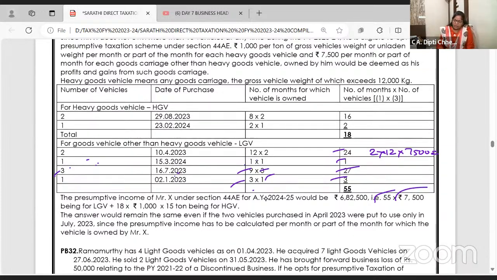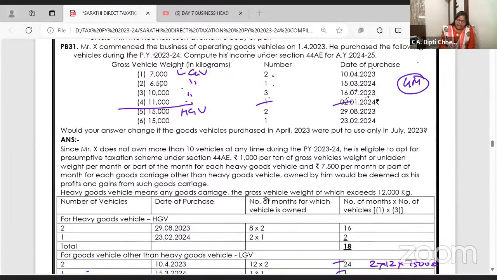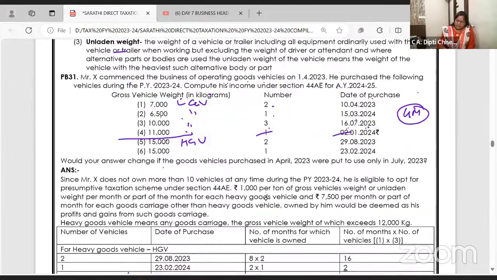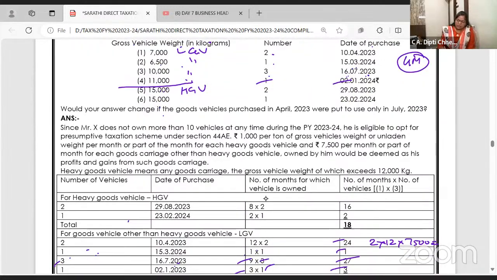Okay. Now, heavy goods vehicle. Heavy goods vehicle 15,000 ton. This is exceeding 12,000. This is from 2 vehicles. And say, you have purchased it in August. I hope you all are remembering average due date. So August to March, 8 months, 2 vehicles, 16 months.